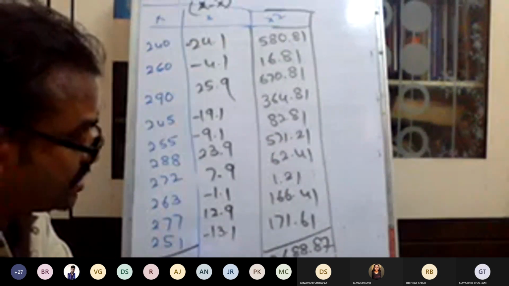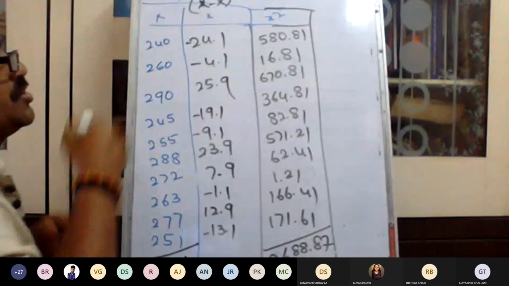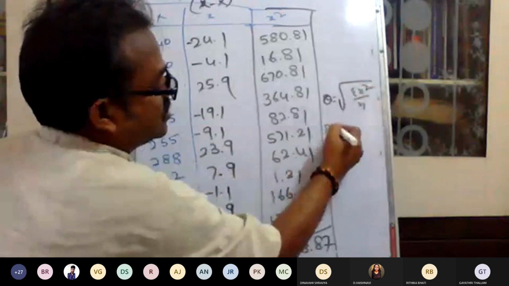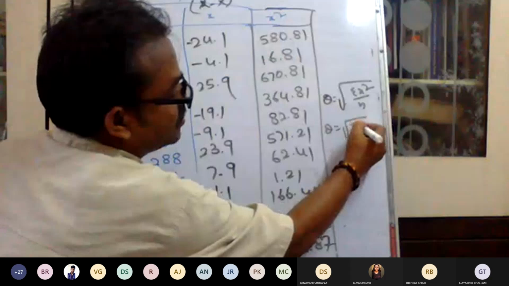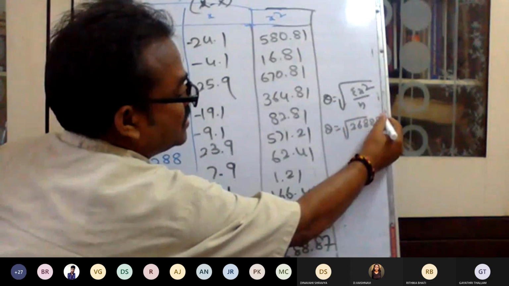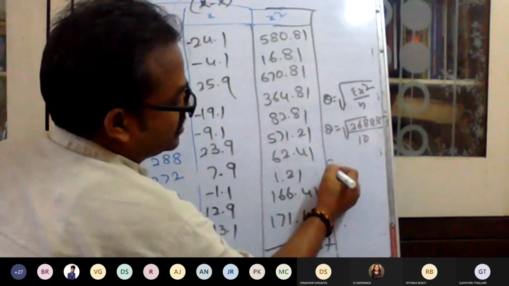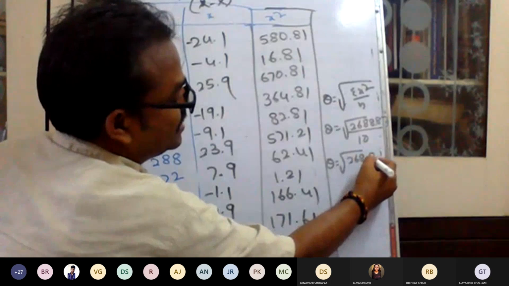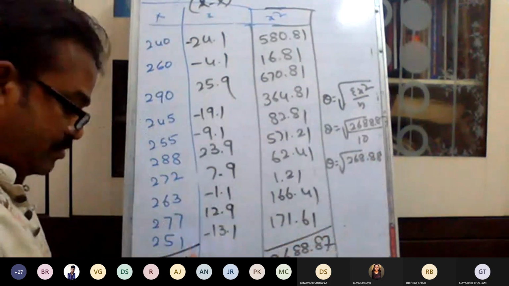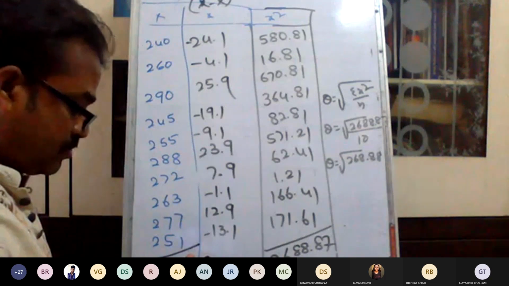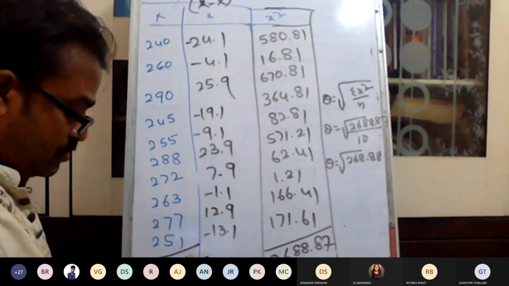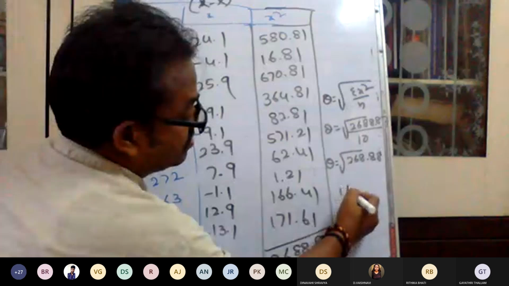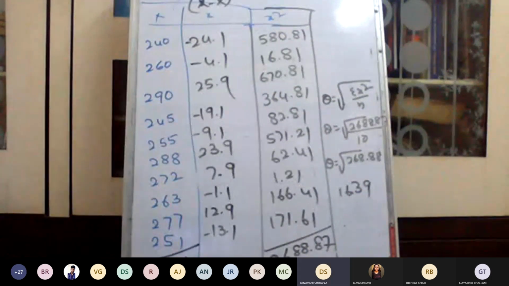Yes, sir. 2688.87. So standard deviation is equal to root of sigma x square divided by n, that is root of 2688.87 divided by 10, so root of 268.88, which is 16.39. Correct? Yes, sir, 16.397.